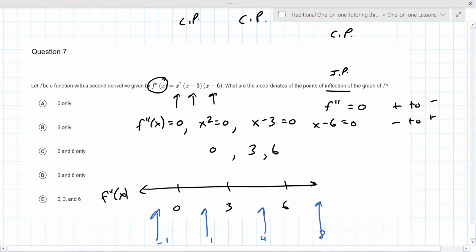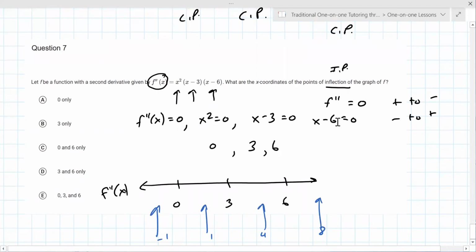And then -1 minus 3 is -4. -1 minus 6. So that's negative. 1 would be 1 times negative. This would be positive. This one would be 4 times... That would be negative.